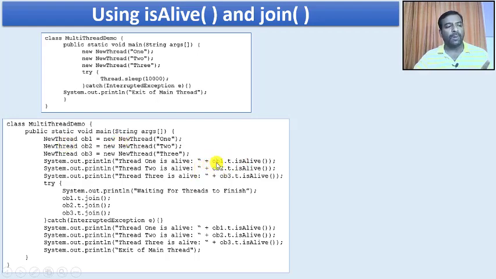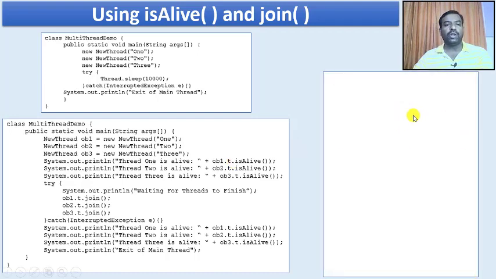So I am using the data member where the reference of my thread is stored, and I am going to call the method isAlive, and this method will return either true or false. And so right now the threads I am going to use are going to be alive.